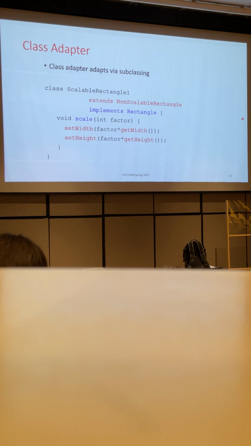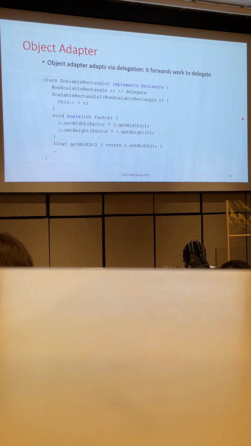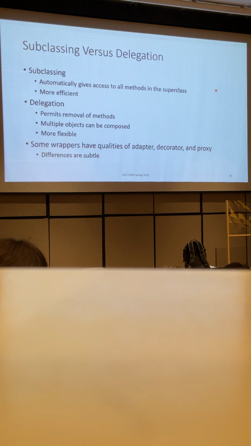What if you want to get rid of some of the NonScalableRectangle methods? You cannot. Here, you only expose methods that you want to expose. So if there is a method in NonScalableRectangle that you don't want to expose, here you see that we're not exposing it, because there is no method that someone could call that would translate to r dot whatever you didn't want to expose. So that is in that sense a little bit more flexible.